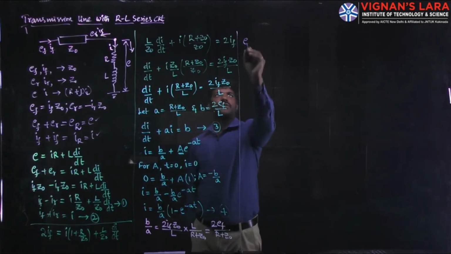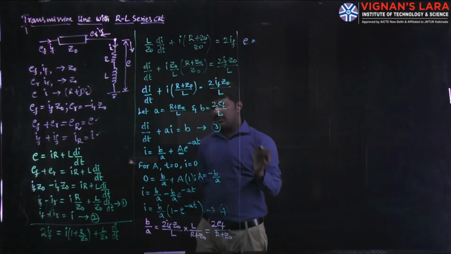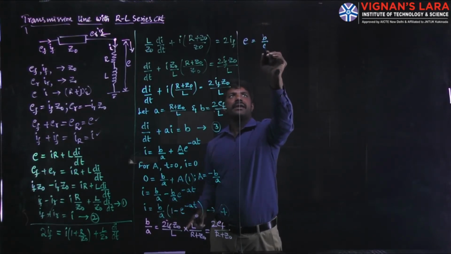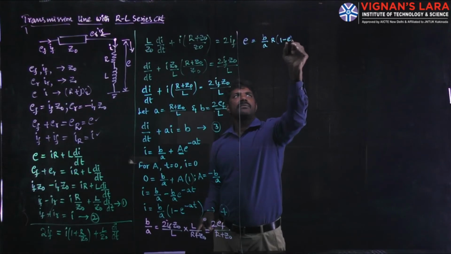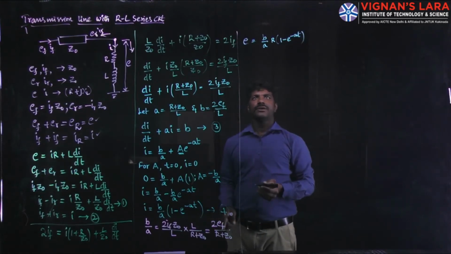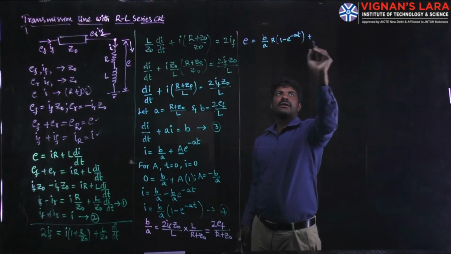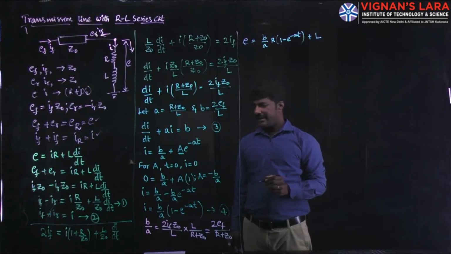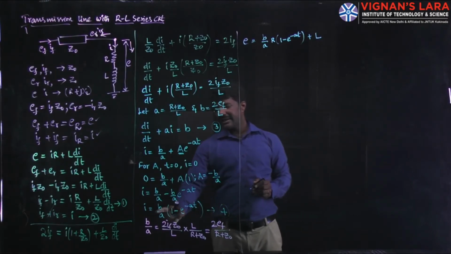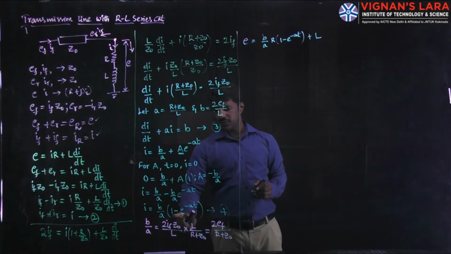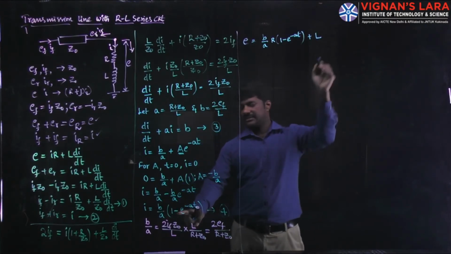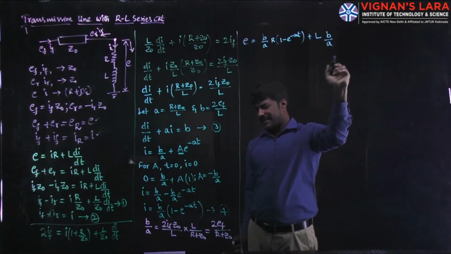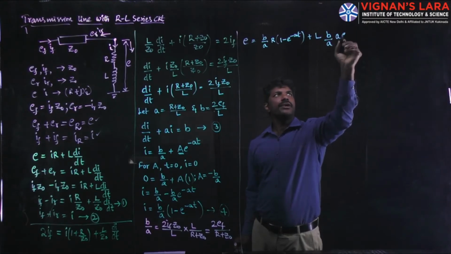So E is equal to I into R, as the I value is B by A into R into 1 minus e to the power minus AT, plus L into di by dt. In the derivative of the current, the constant is equal to 0, and minus of minus is plus. So the magnitude will become B by A into A into e to the power minus AT.